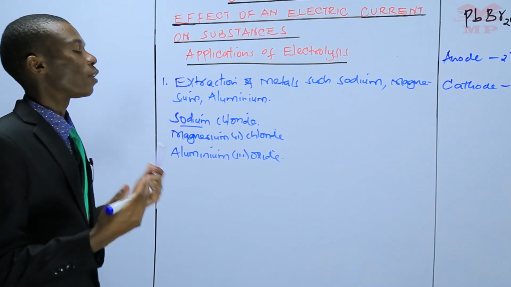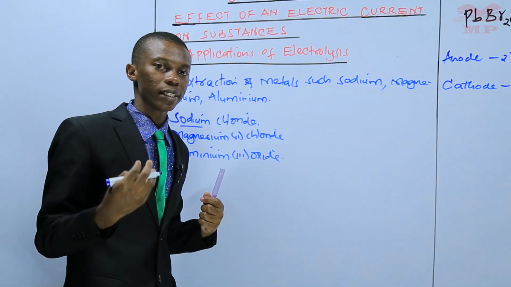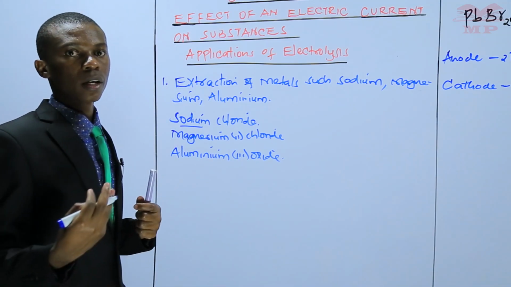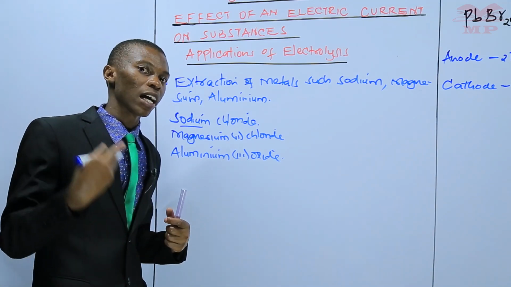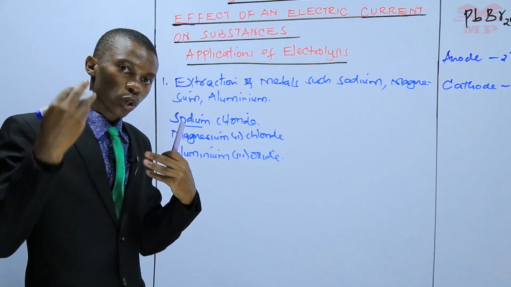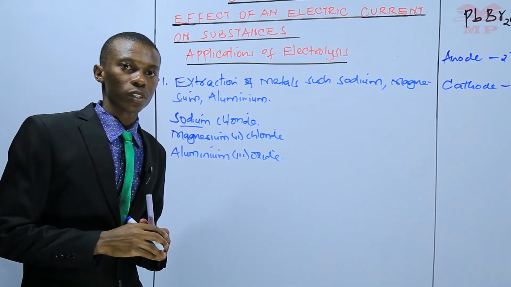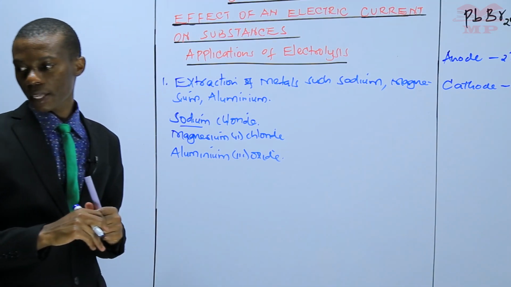Therefore, one of the applications of electrolysis is in extraction of metals such as sodium, magnesium, and aluminium. Electrolysis knowledge is required in extraction of those metals.